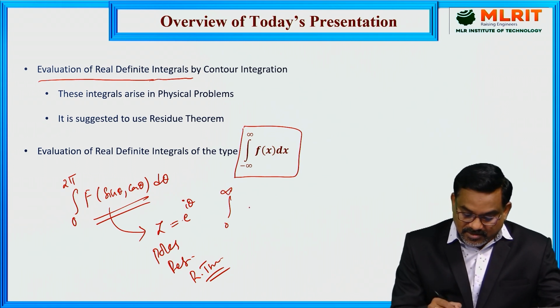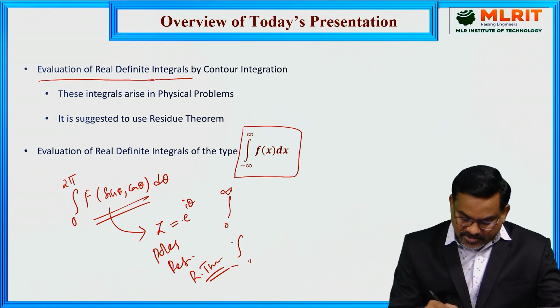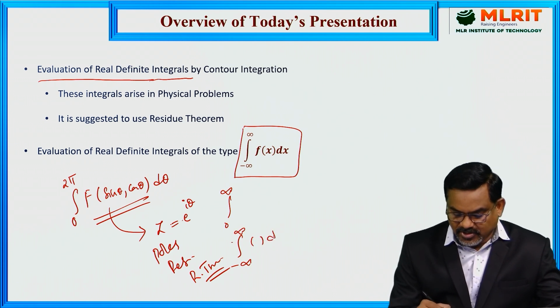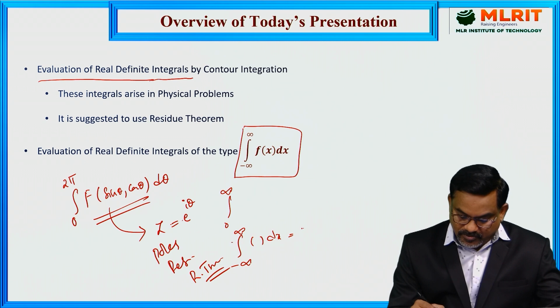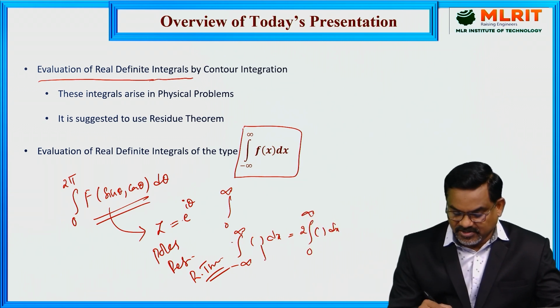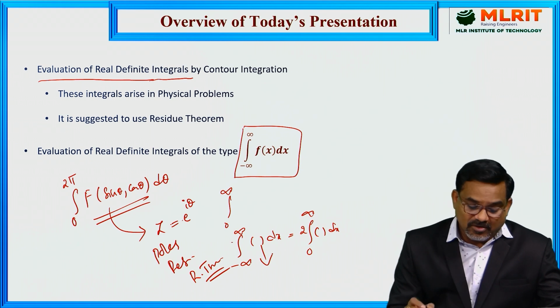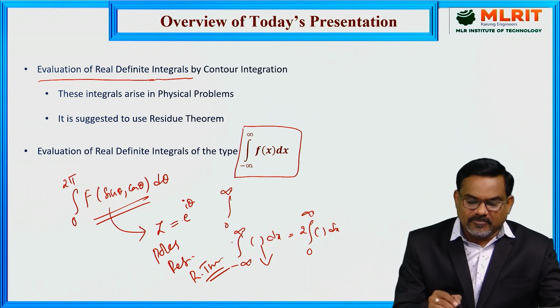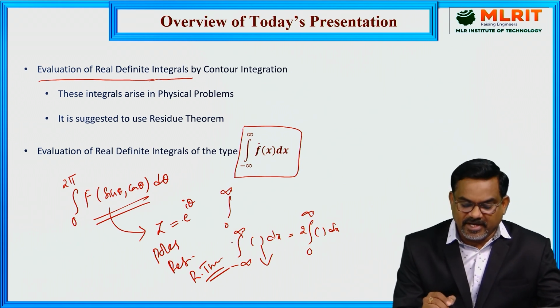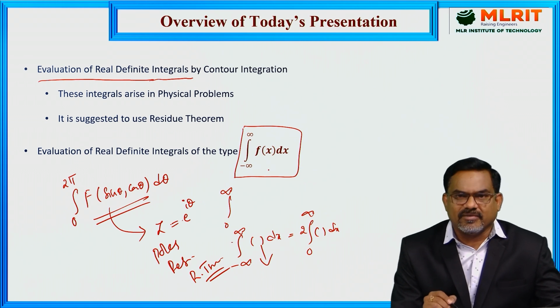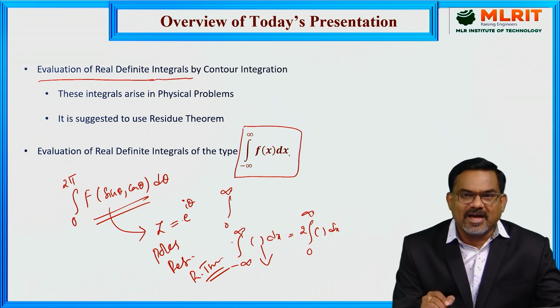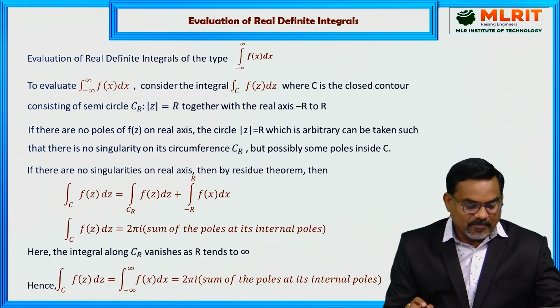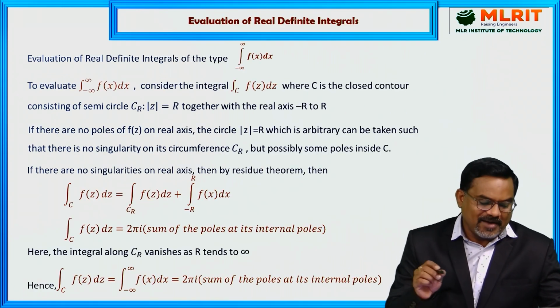If the function is even, the integral from minus infinity to plus infinity can be reduced to 2 times the integral from 0 to infinity. So, integrals of the form minus infinity to plus infinity f of x dx or 0 to infinity f of x dx can be evaluated using the residue theorem.